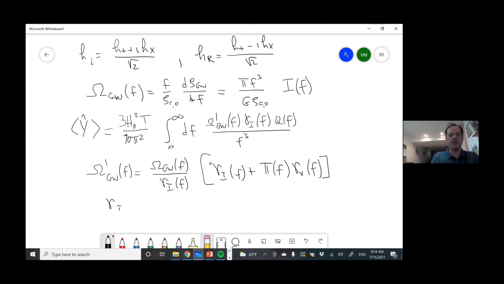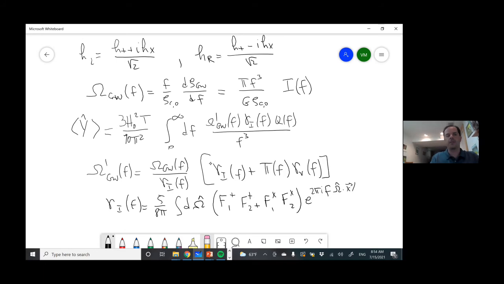So gamma I of f is 5 over 8 pi times the integral over the sphere of those response tensors, right? F plus 1, F plus 2, plus F cross 1, F cross 2, times the phase factor, e to the 2 pi i omega dotted with delta x divided by c.